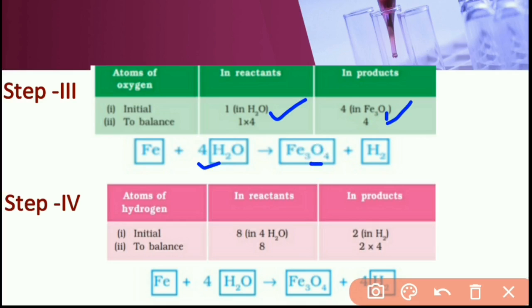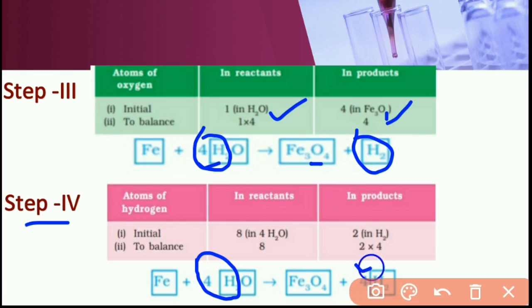But therefore the number of hydrogen atoms increases. So in the next step we have to balance the hydrogen atoms on both sides. Here on the LHS side hydrogen atoms are 8, and for balancing we multiply the hydrogen by 4, therefore the atoms of hydrogen on the other side are also 8. So after that, in the fourth step, hydrogen is also balanced.